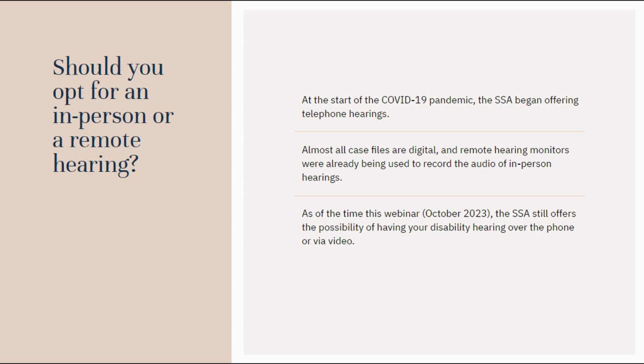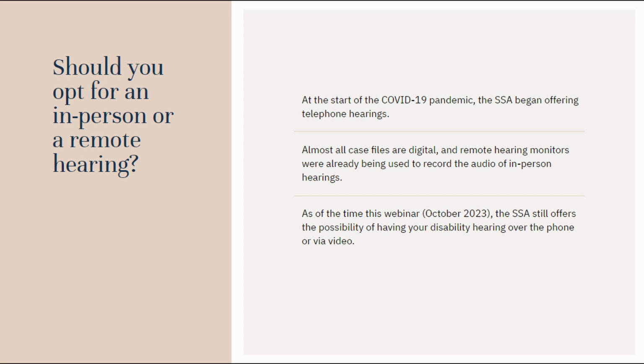As it turns out, OHO was pretty well situated for remote disability hearings, since almost all case files are digital and remote hearing monitors were already being used to record the audio of an in-person hearing. While this was not ideal for all people who were anticipating in-person hearings, remote hearings allowed the agency to avoid the types of delays that other courts were experiencing.